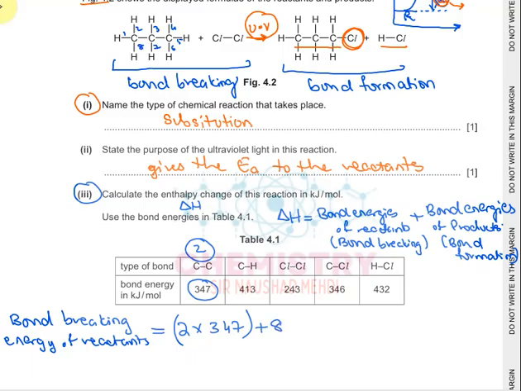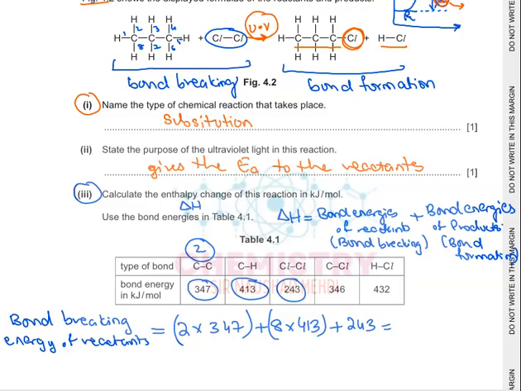So 8 multiplied by the energy of the carbon-hydrogen bond, which is 413, plus then we have Cl. The other type of bond on the reactant side is the Cl-Cl bond, and the bond energy for that is 243. So plus 243. This would be the total energy associated with the reactant side.